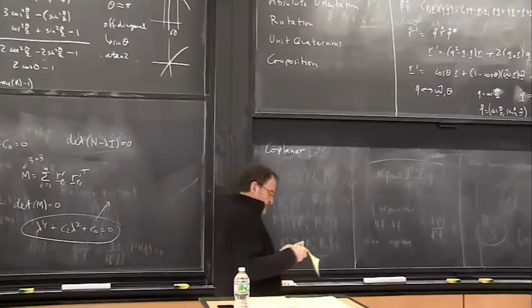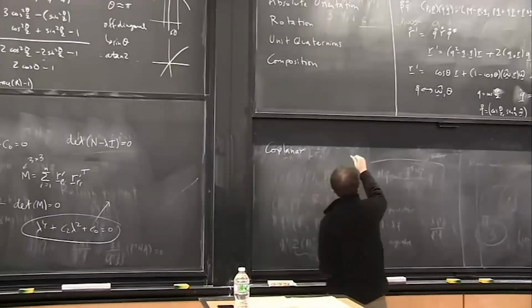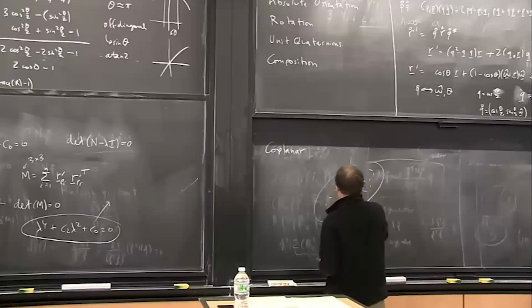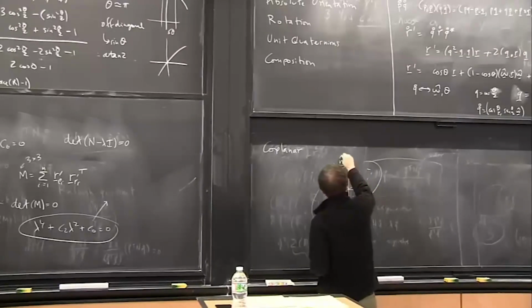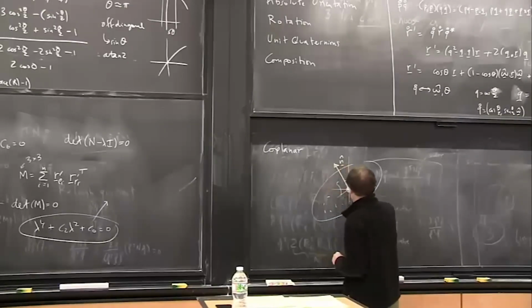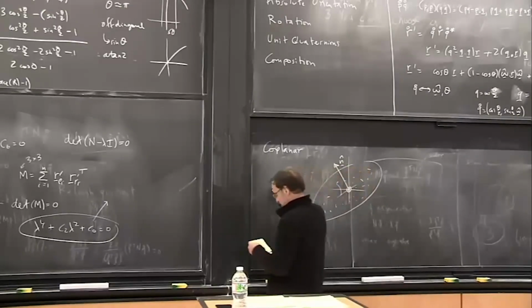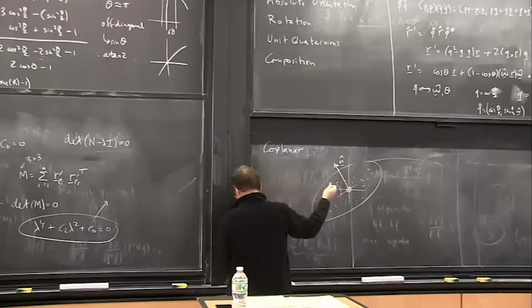Well, if there's a plane, then all of our points are in that plane, and we can draw a unit normal to the plane. And then the dot product has to be 0.